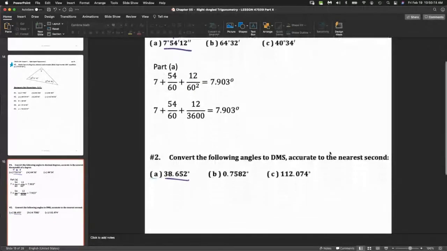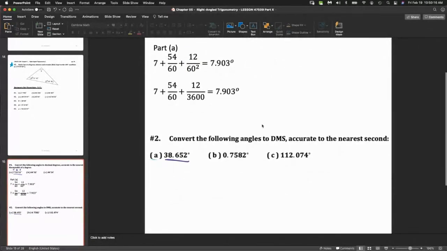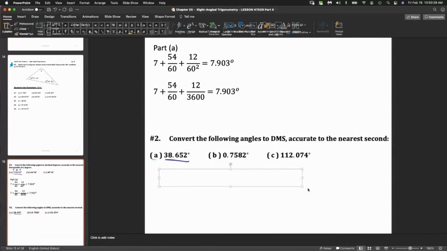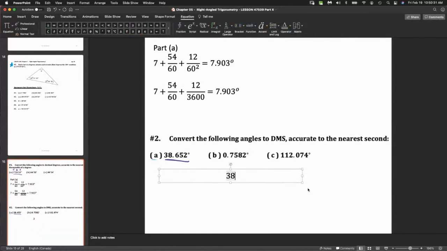To go the other way, it's a little bit annoying, but I'm saying it's annoying if you do not use any special features on your calculator. So on just doing this by hand, what you can do is do 38. 38's good. So 38 degrees. You don't have to write all the stuff I'm writing.